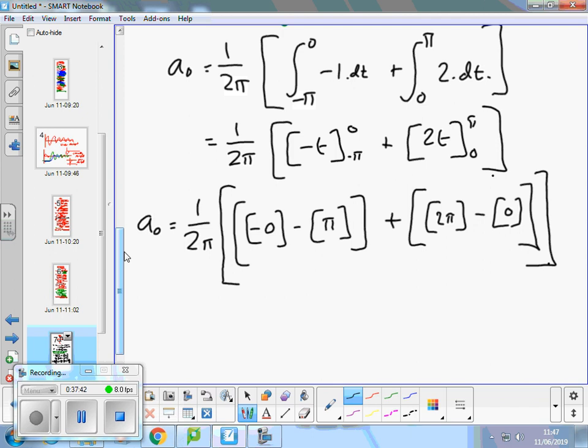Shouldn't it? This bit is that bit, and this bit is that bit, and they're added together. Correct. Well spotted.